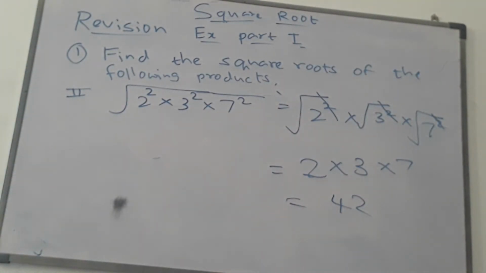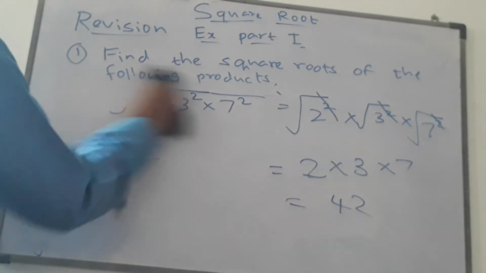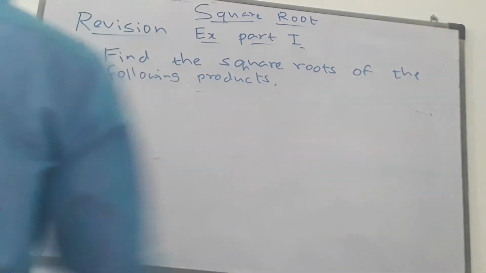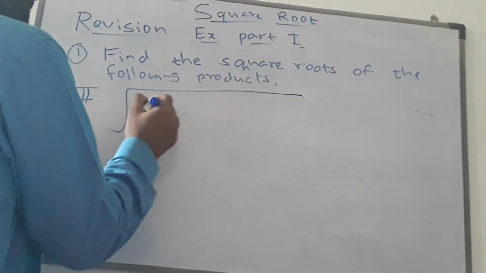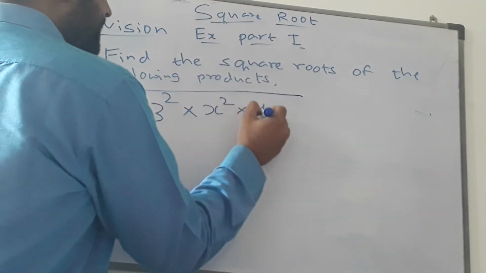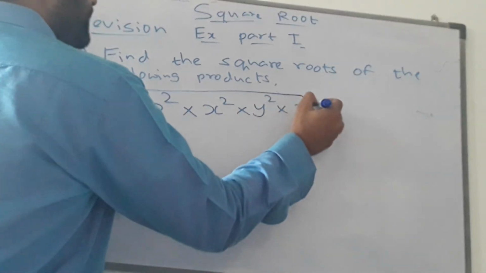Third question. Suppose a question like this: 3 squared times x squared times y squared times z squared.